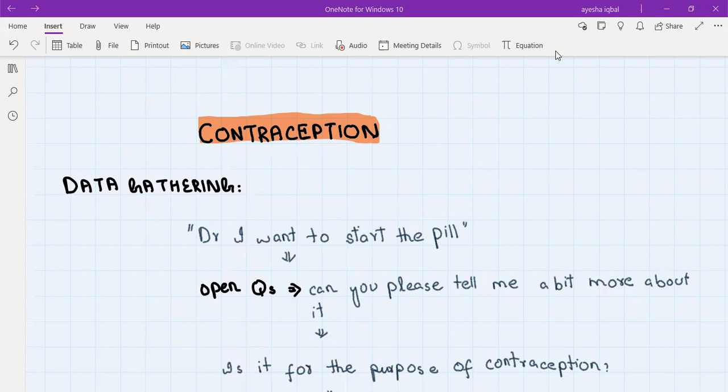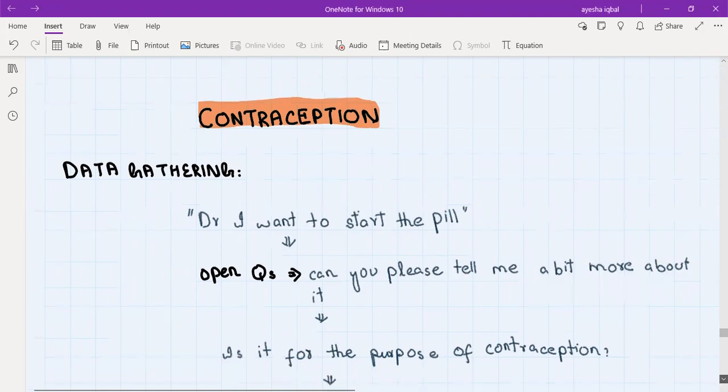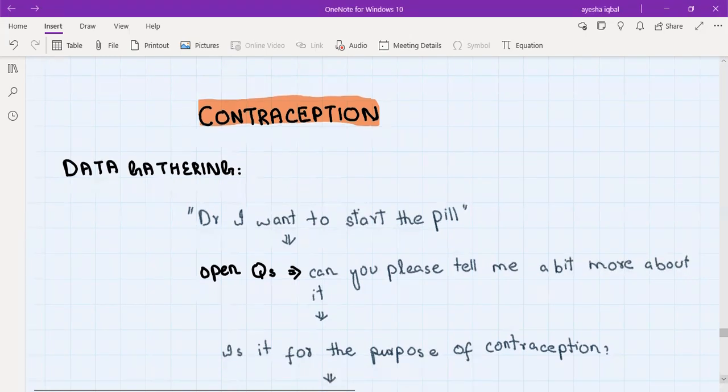So for example, you have a lady coming in and she says, doctor, I want to start the pill. How will you go about data gathering? First of all, as we do with all the cases, we ask open-ended questions. We will ask the lady, if you can please tell me a bit more about it.